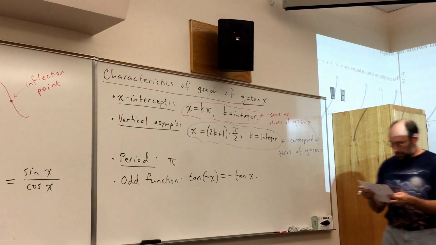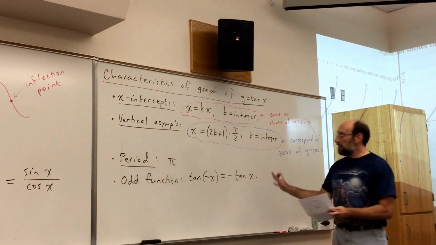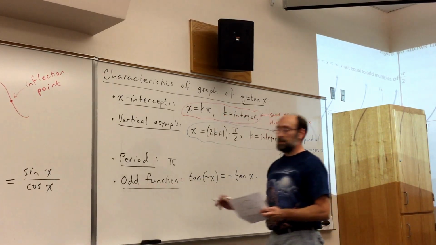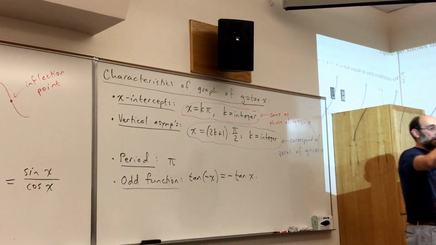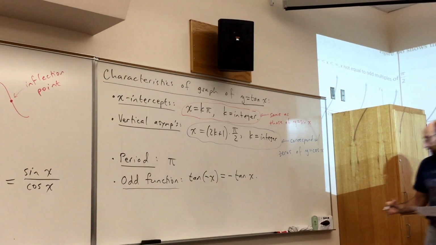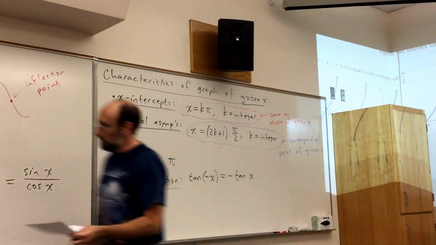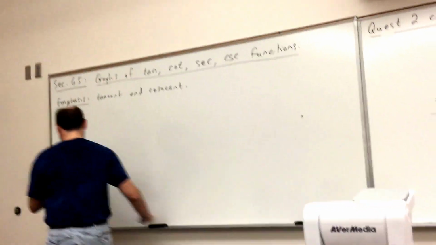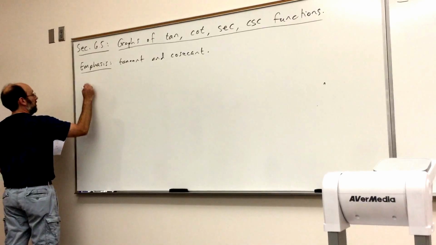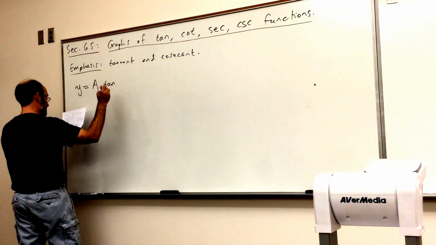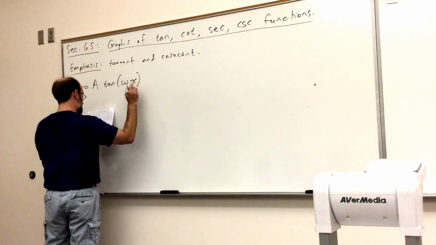And that's about it. So let's say that we have a transformed tangent function. So let's say we do a vertical stretch or compression, maybe a reflection over the horizontal axis and a horizontal stretch or compression. So how would that affect things? So y equals a tangent of omega x plus b.